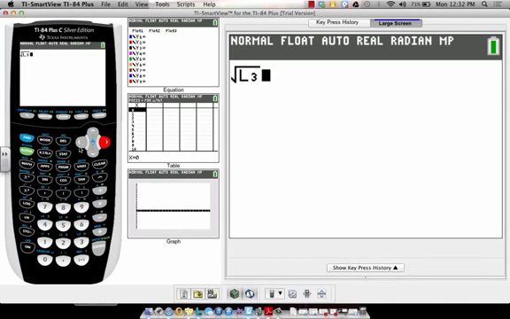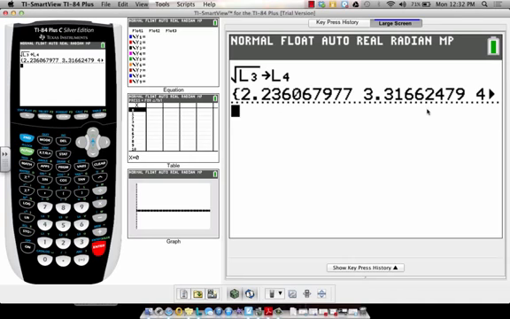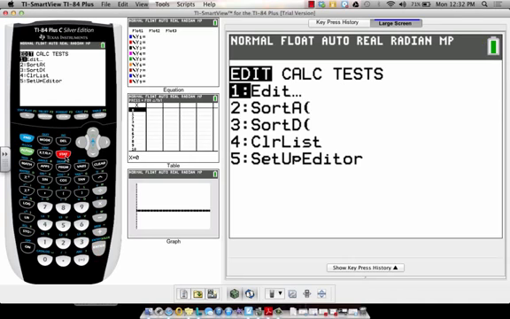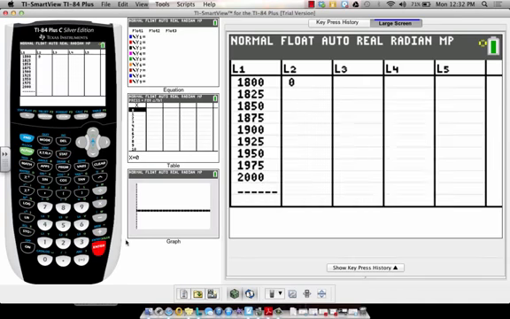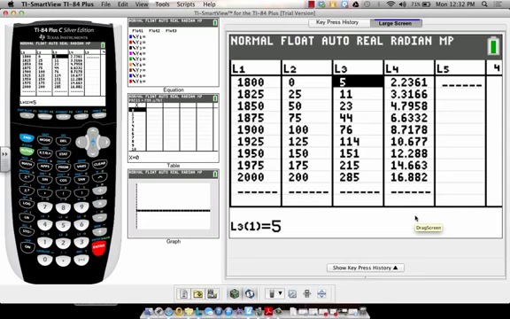Get out from underneath the square root. Then I'm going to store that into list 4, which is just second 4. Hit enter. So there are all the values. Now if I go back into my lists, go ahead and hit edit. There's list 4. So what we've done is we've taken the square root of all these values.